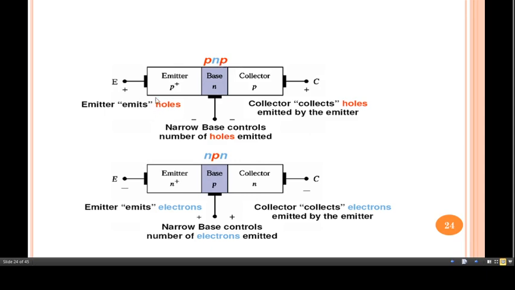For PNP, the emitter emits holes, the base controls the number of holes emitted by the emitter, and the collector collects holes emitted by the emitter. In case of NPN, the emitter emits electrons, the base controls the number of electrons emitted by the emitter, and the collector collects electrons emitted by the emitter.